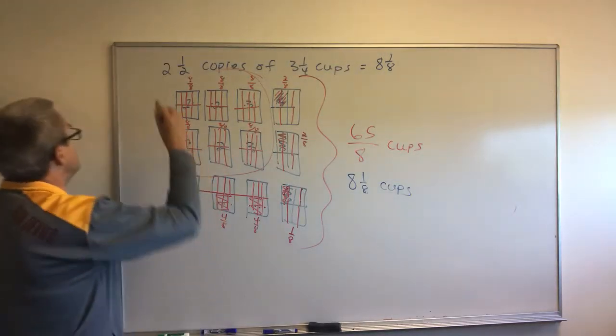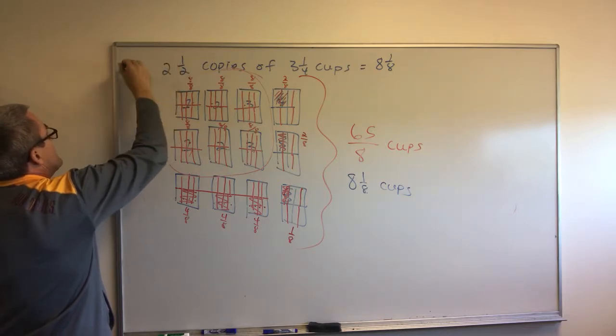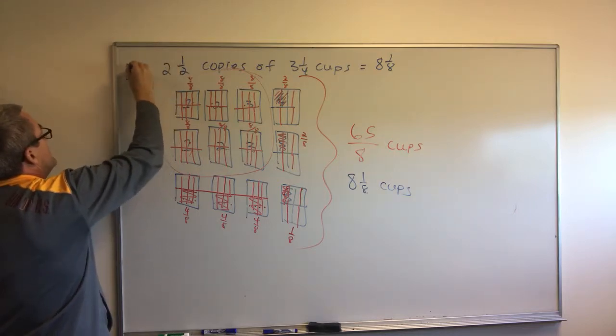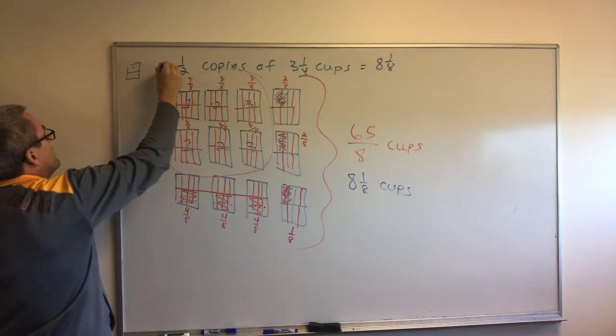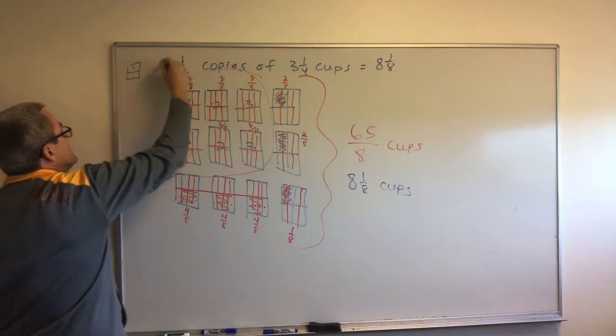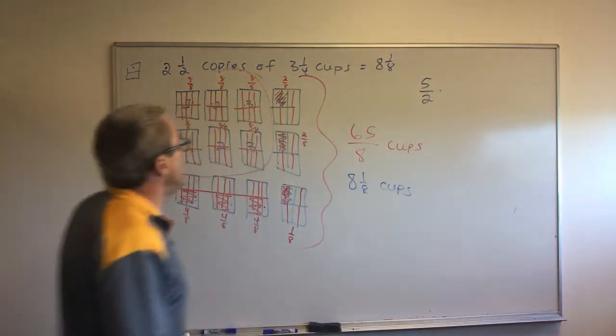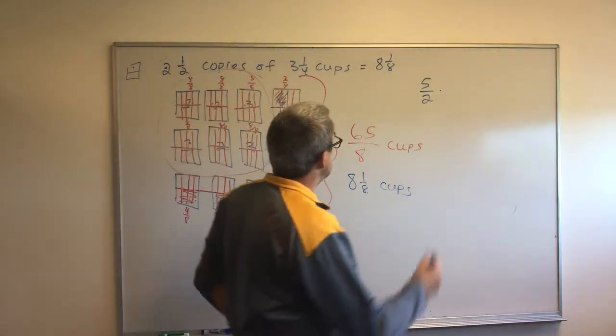2.5 copies. So can you imagine this? If you had 2 copies of something, now remember in a whole, there's 2 halves. So there's 2 halves in a whole, another 2 halves in a whole, and another half. So this 2.5 is the same as 5 halves. And I have 5 halves copies of 3 1/4.